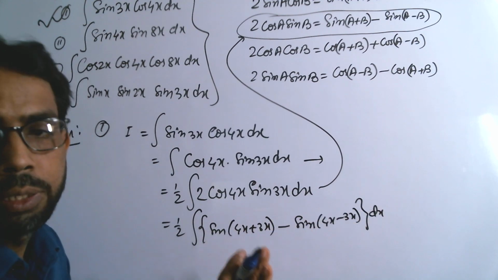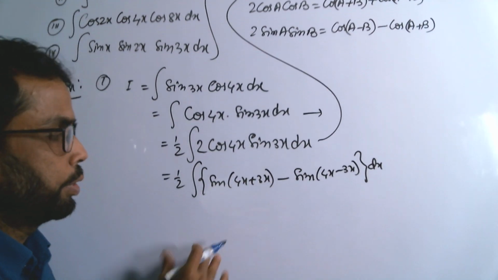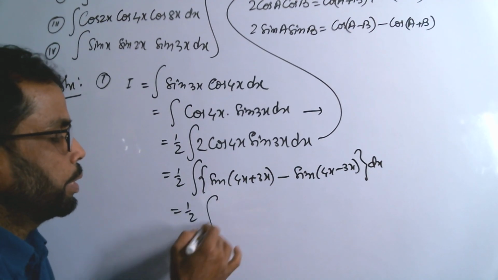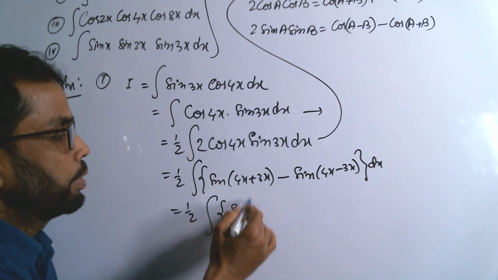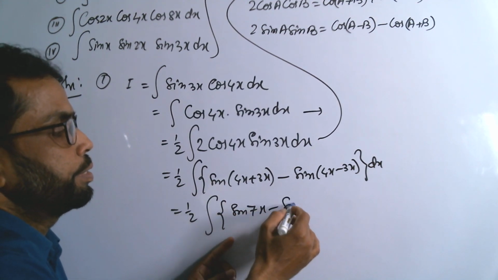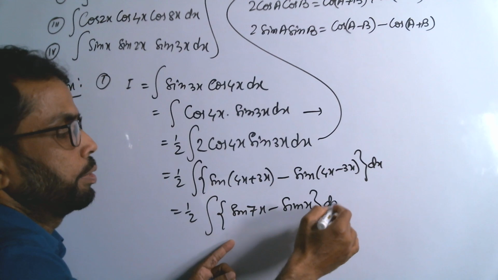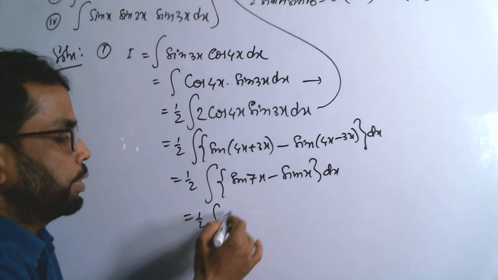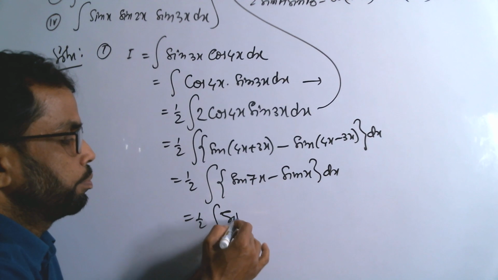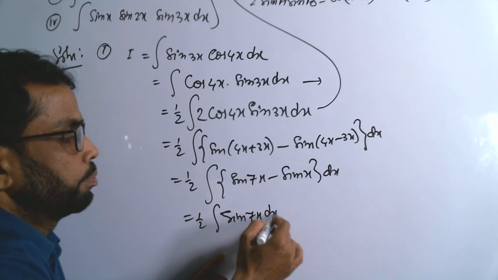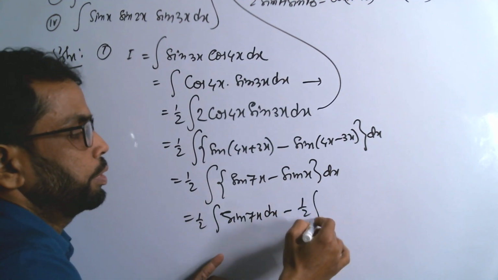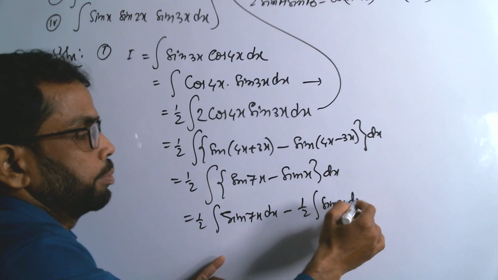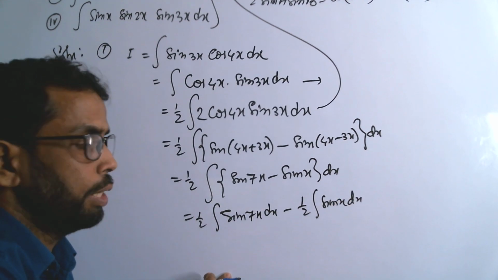We can very easily do the integration now. The identity is applied: it is sine 7x minus sine x. Now we can separate the integrals: integration of the first term, minus 1 by 2 common, integration of the second term. Now both are under the basic integration formula.